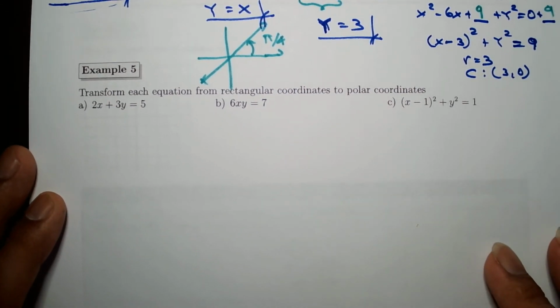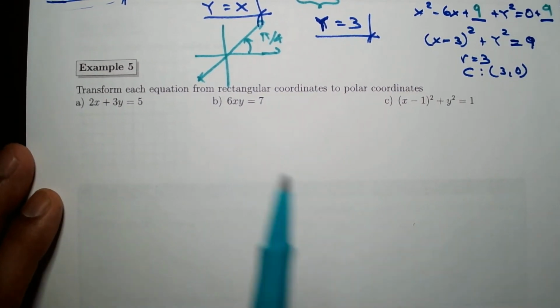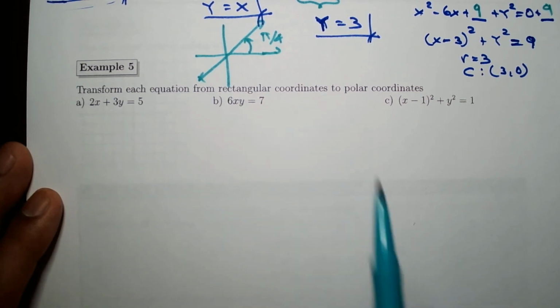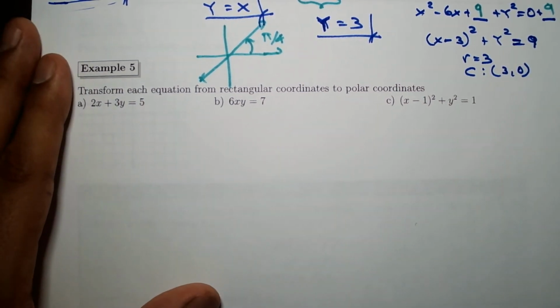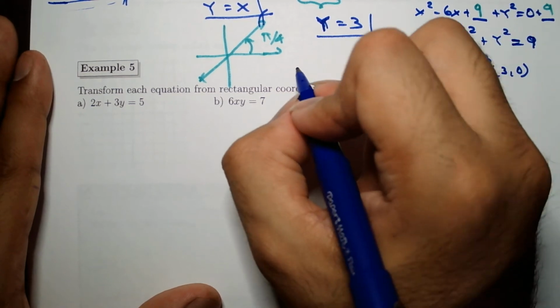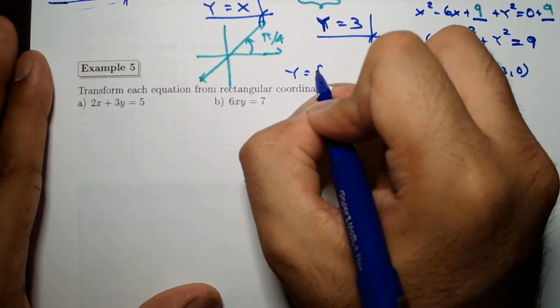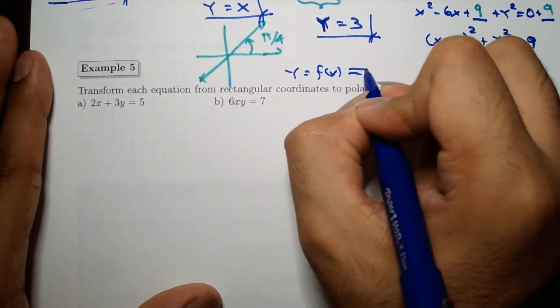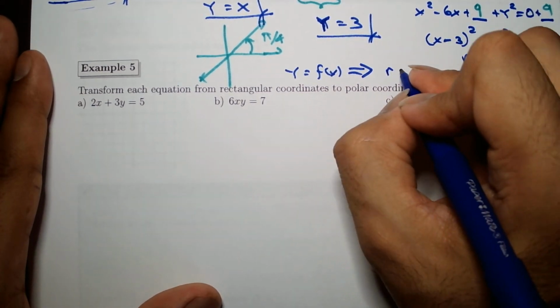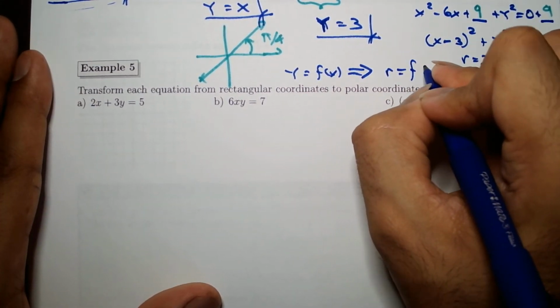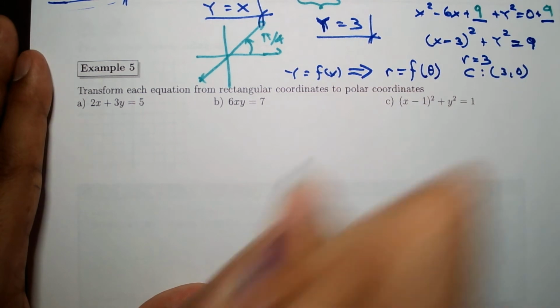Okay, example 5, transform each equation from rectangular coordinates to polar coordinates. So in this case, we want a function y equals f of x and transform that into a function r that depends on the angle theta.